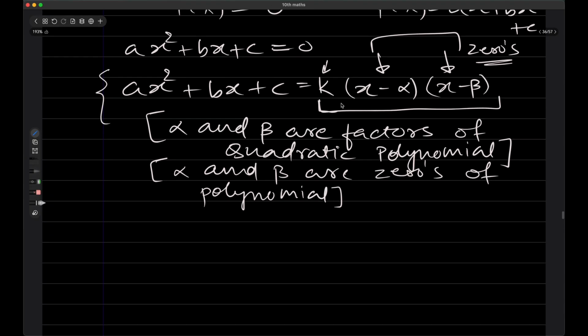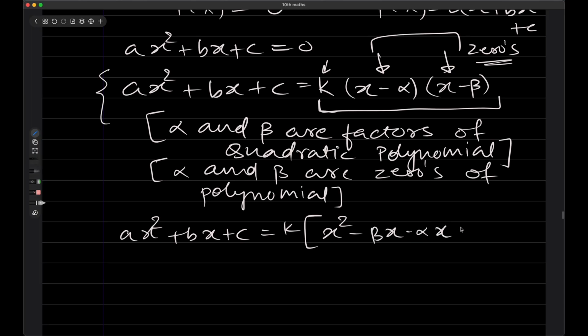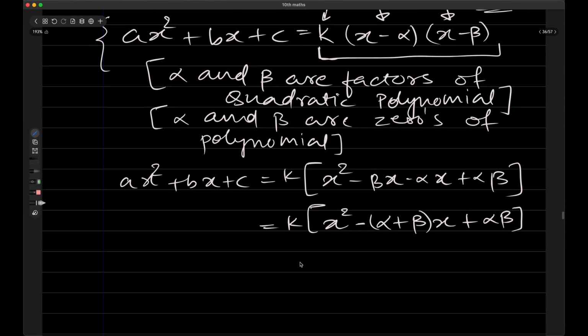Now simplifying the right hand side, that is ax square plus bx plus c equals k in bracket x into x is x square minus beta x minus alpha x plus alpha beta, that is equals k into x square minus alpha plus beta into x plus alpha beta.